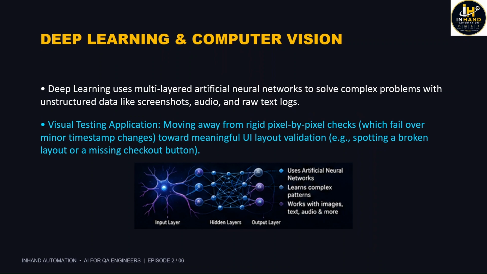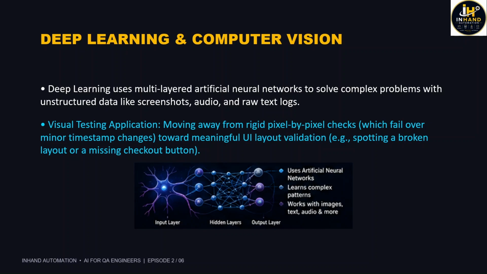So, deep learning is a specialized area of machine learning. It uses structures called artificial neural networks, especially networks with many layers, to learn complex patterns from large amounts of data. So you don't need to understand all the mathematics behind the neural network right now.